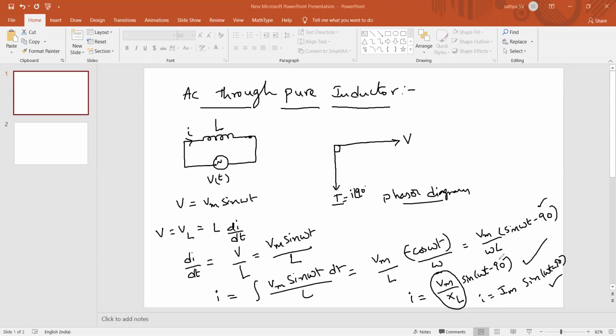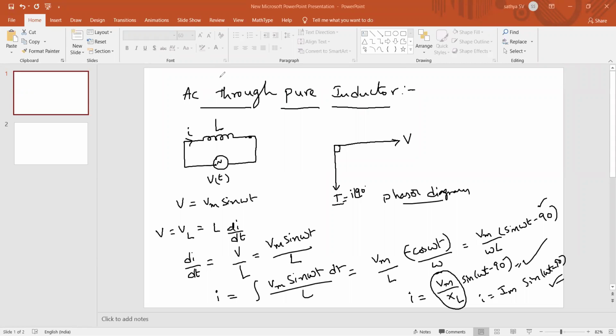You can stop up to here in your examination and you can get full marks. Or else you can refine it further by mentioning the Im value also, where Im equals Vm by XL. That should be useful for our numerical problems. So how can I conclude this statement of AC through pure inductor?